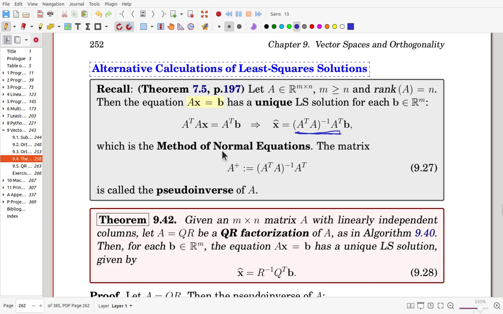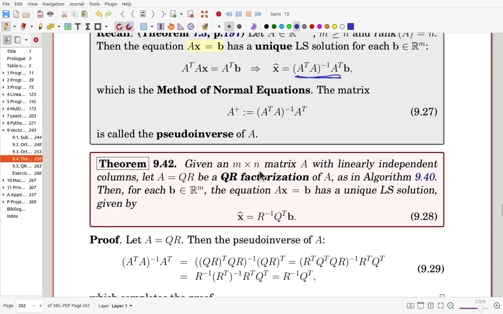Now we'll solve the least squares problem by using QR factorization.